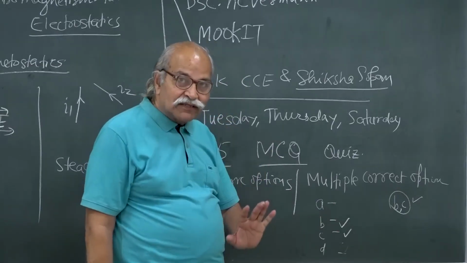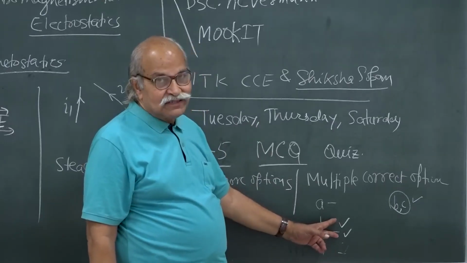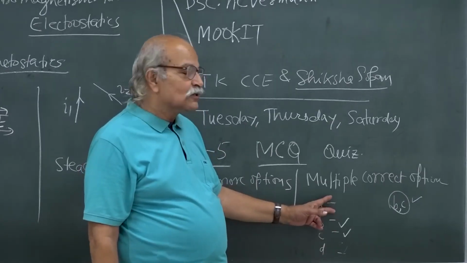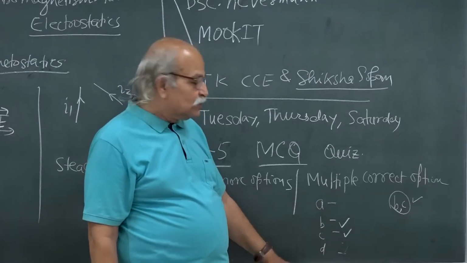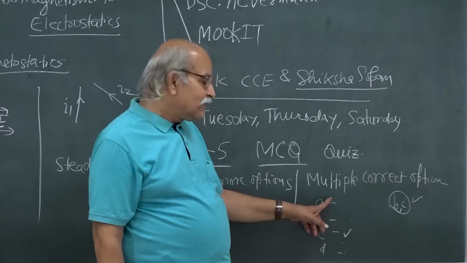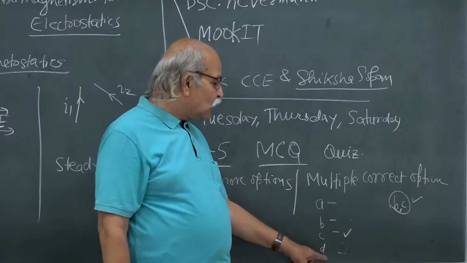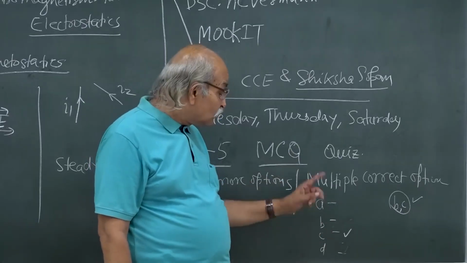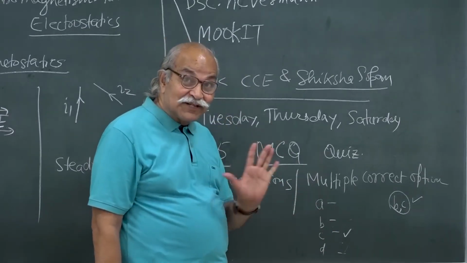There is no partial marking, you get 0. You might have chosen both the correct options, but still you can get 0 marks if you have chosen A also or D also, or both of them. Similarly, if you have chosen only C, you have not chosen A, you have not chosen D, so you have not chosen any of the wrong options, but you have also not chosen all of the correct options, then also you get 0.